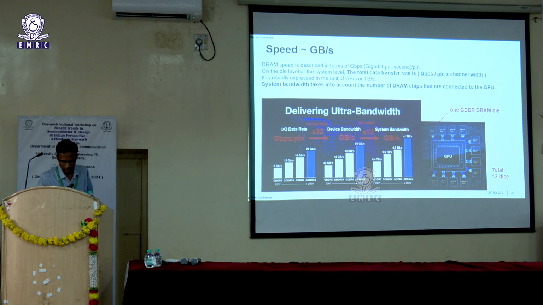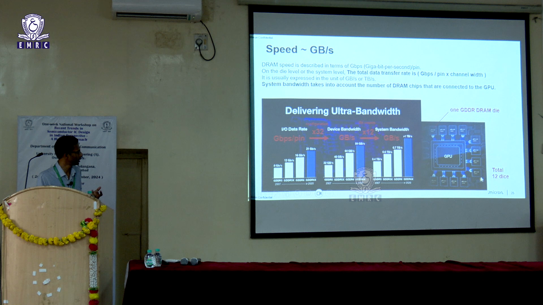So this is how a GPU with a memory system is built for a typical AI application. This could be your AMD chip or NVIDIA chip sitting here, and it will interface with multiple DRAM chips. Each of these is a DRAM chip. In this particular example, each one is a GDDR, and this is a GPU.